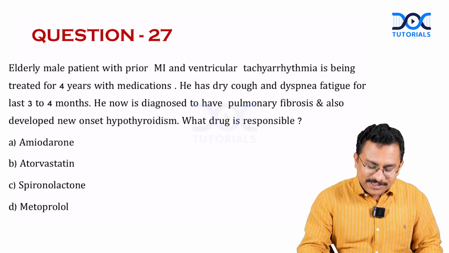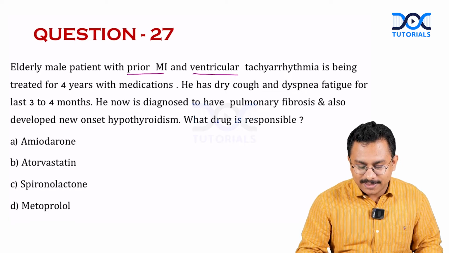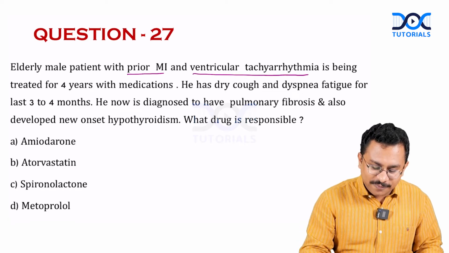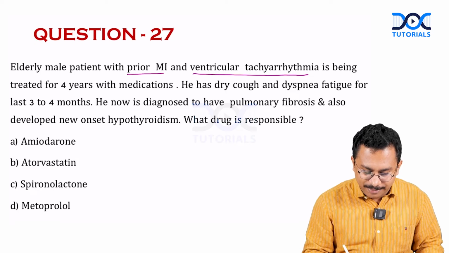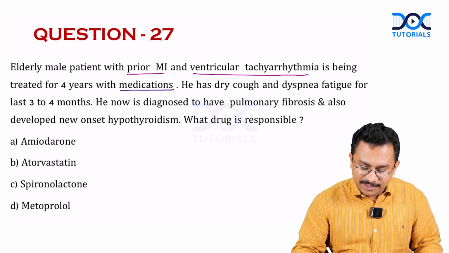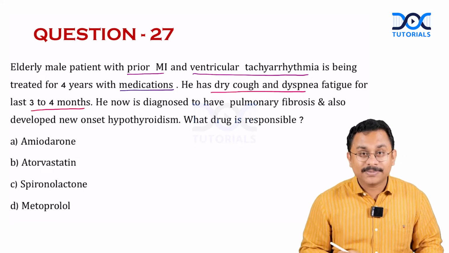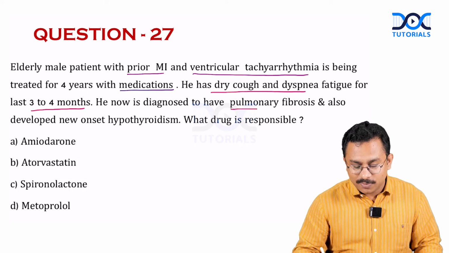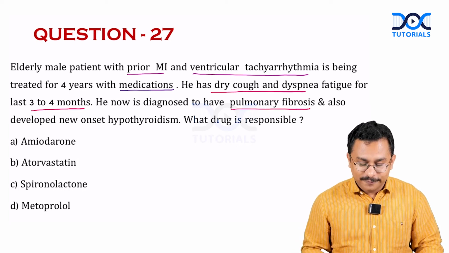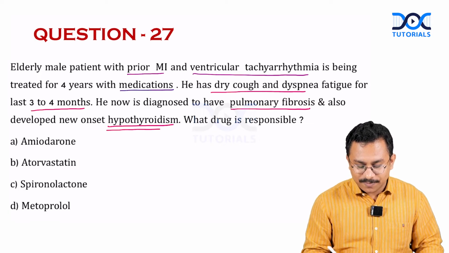So the background history is that of prior myocardial infarction and tachyarrhythmia, because of which he was on certain medications. And now what is his problem? He is having dry cough, dyspnea and fatigue for the last 3 to 4 months. He was evaluated and was diagnosed to have pulmonary fibrosis, and also there is a new onset hypothyroidism.